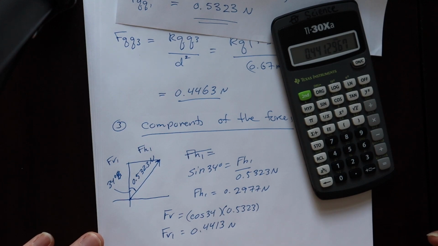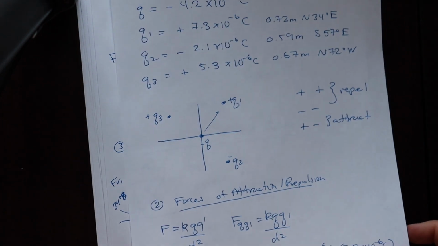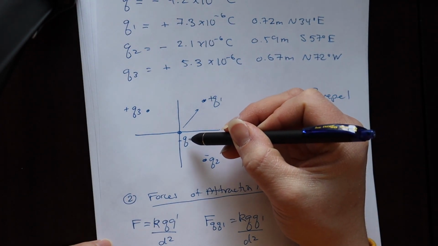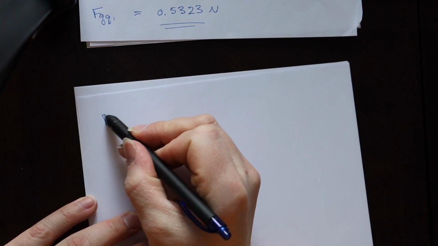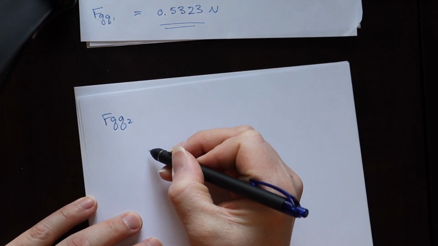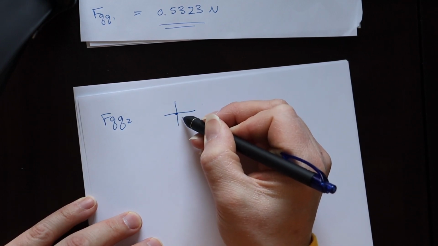And so we have to do this for the other forces. So if I go back and I look now, between Q and Q2, they are actually both negative. Okay, so we have to take this into account. So now I look at between Q and Q2. Now, Q2 was down here, and Q is in the middle.